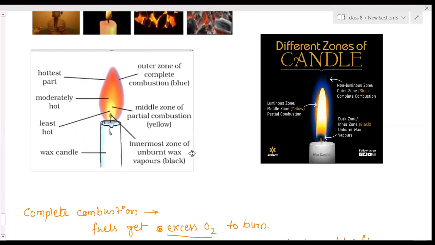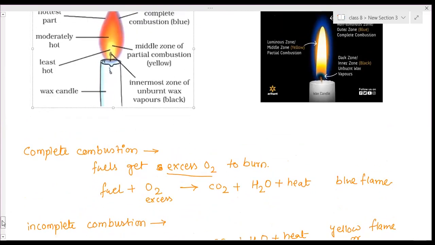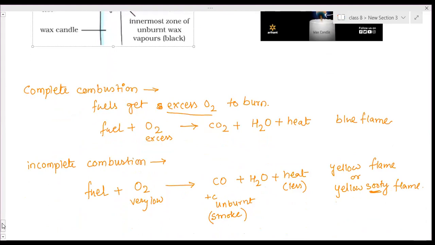Draw this diagram, label it properly, and after that I will give you more. Before drawing the diagram, write this down: what is complete combustion and incomplete combustion?